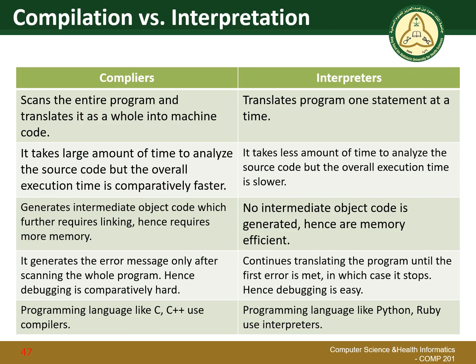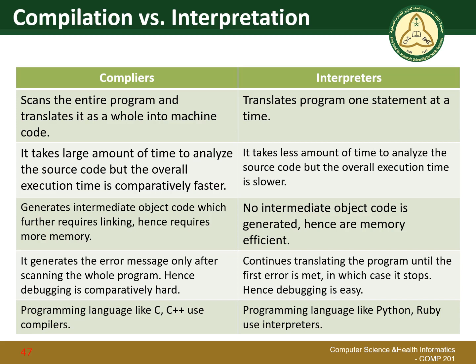The compiler will scan the whole program at once and produce a machine code executable file. يعني هيطلع لي program من عملية translation مكتوب بالماشين كود، بينما الانتربتر ما بيطلع لي بروجرام مكتوب بالماشين كود، لا بيعمل translation statement by statement. الكومبايلر في بداية عملية translation will takes time, large time to analyze the source code، لكن في النهاية خلاص حنعمل مرة واحدة، إذا ال overall execution time is fast.